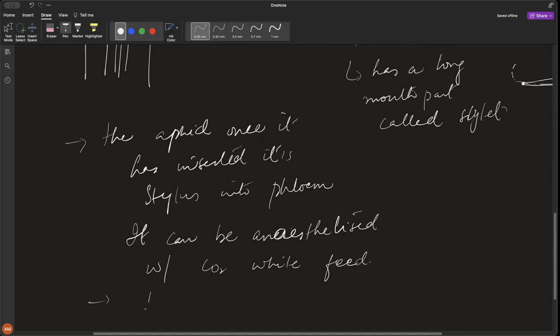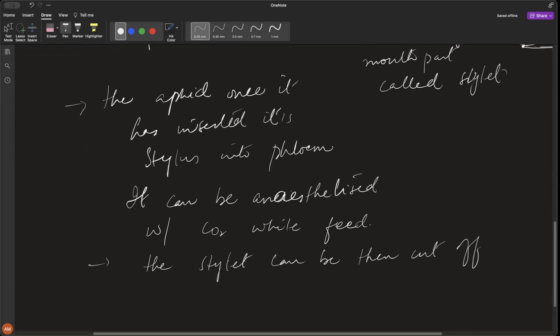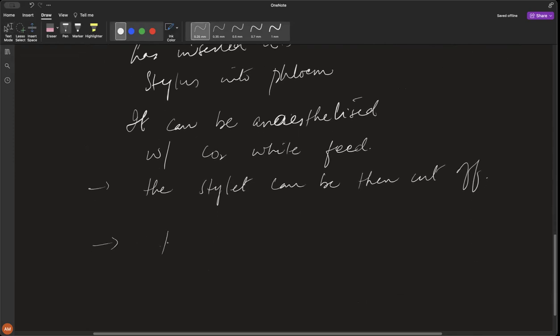The stylet can then be cut off, and the fluid, the liquid, will come out of the end.